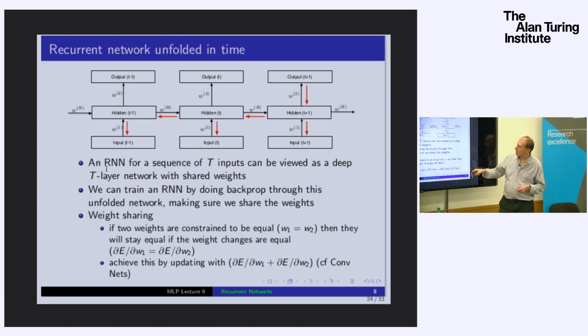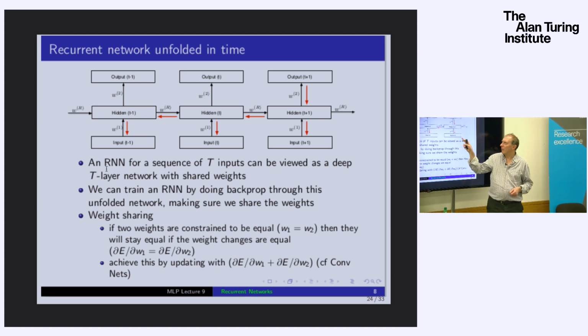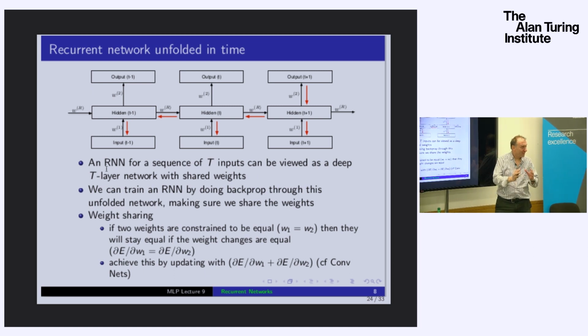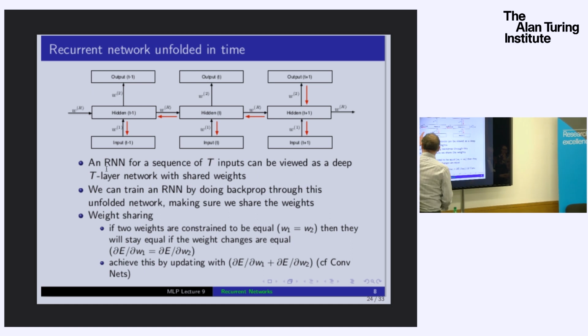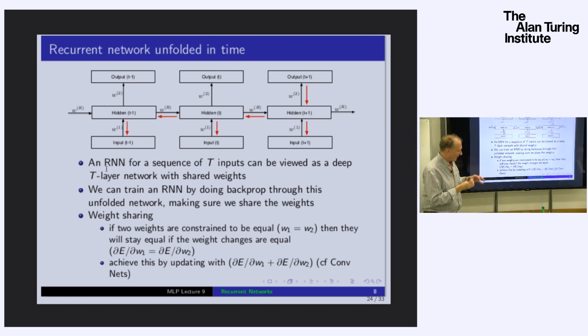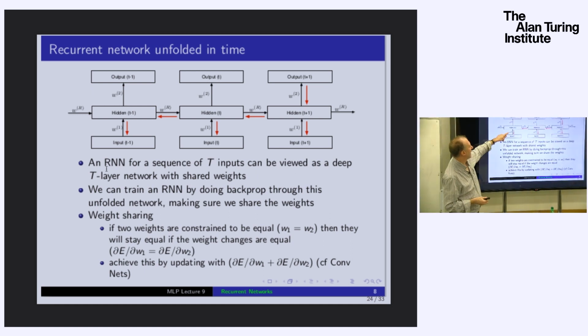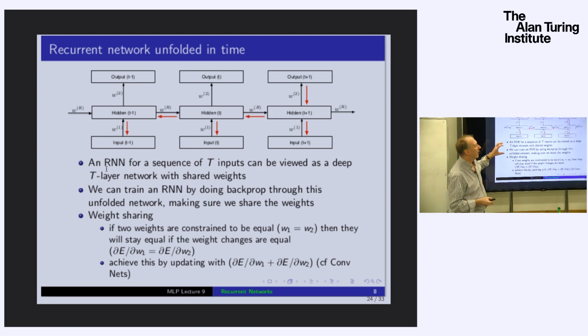One other thing to notice is that all these weight matrices are constrained to be equal, because they're basically the same copy at each time. So to do these derivatives, you just have to add up at each time. We'll get a contribution here, another contribution here, and so on. So basically, the derivatives with respect to the weight matrix, which is copied everywhere, just add up.